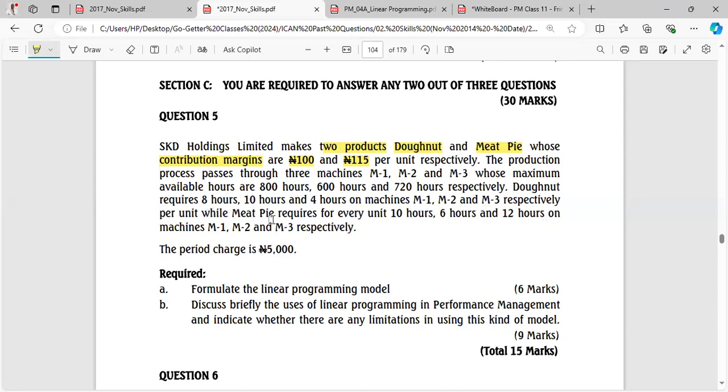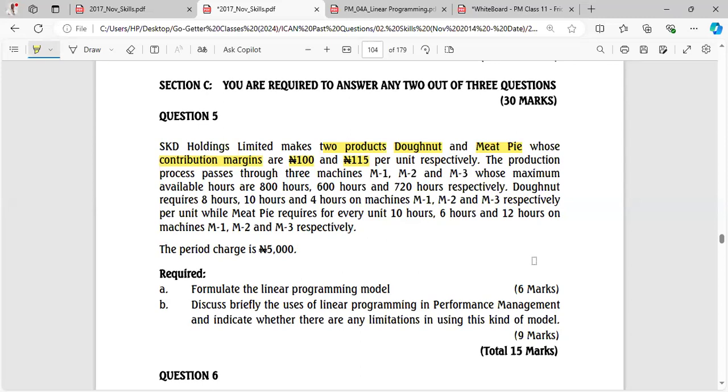Now, meat pie requires 10 hours, 6 hours, and 12 hours on M1, M2, and M3 respectively. And we are told that the period charge, which is like the fixed cost, is 5,000 naira.